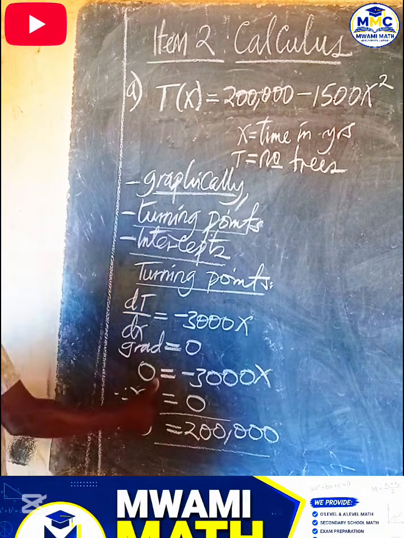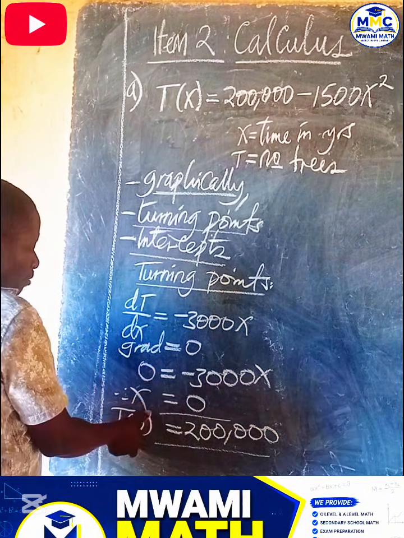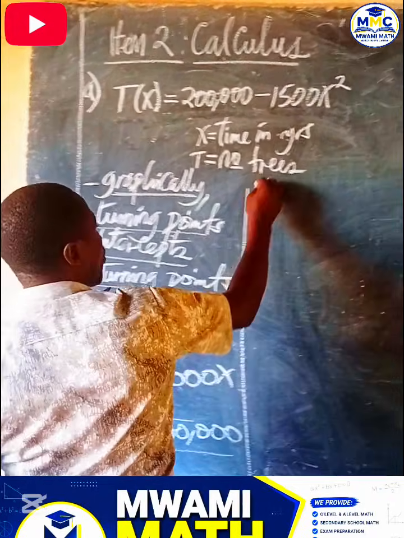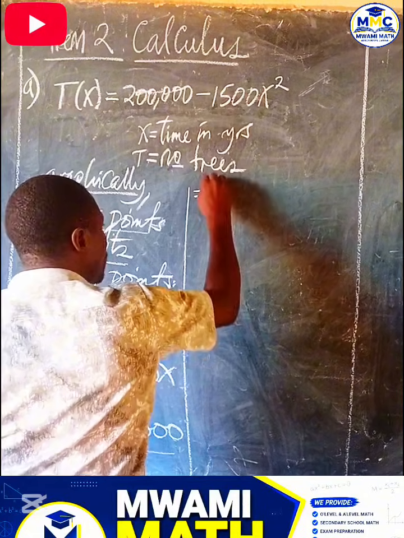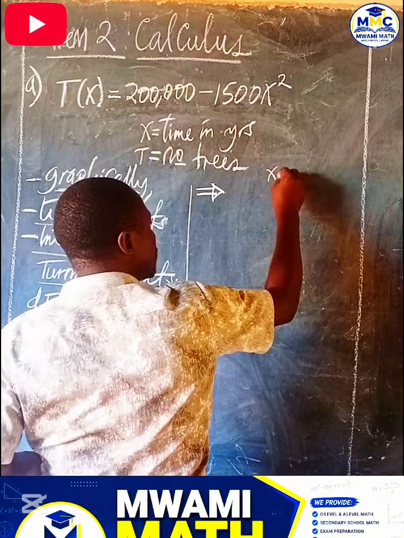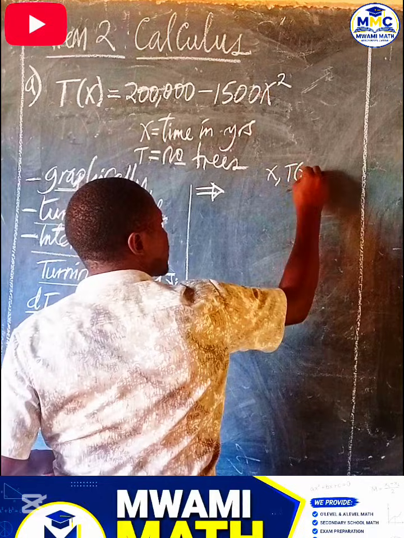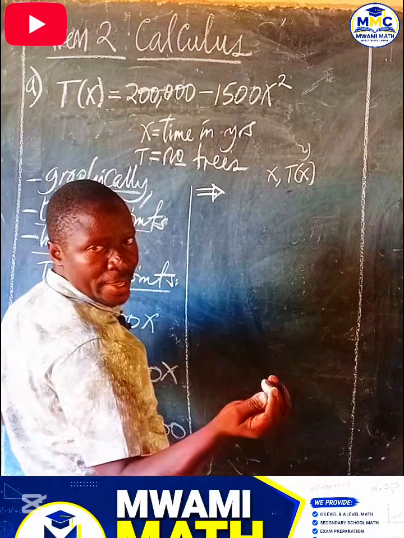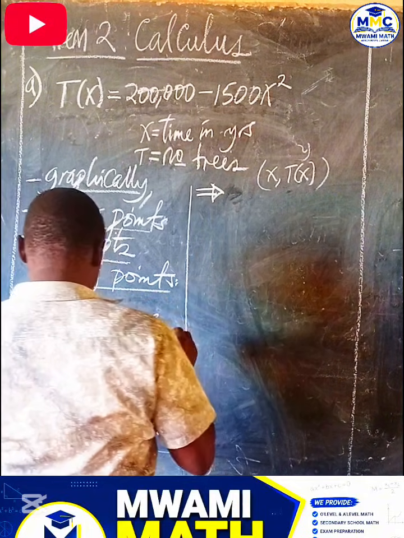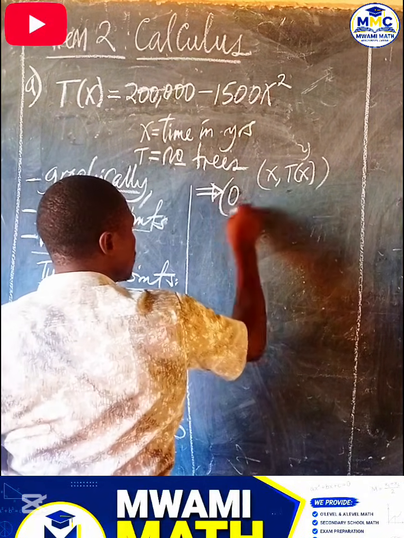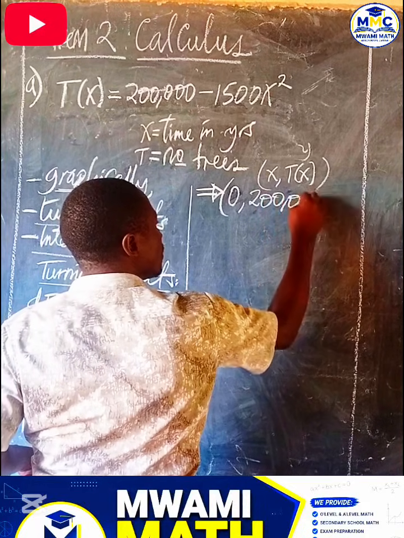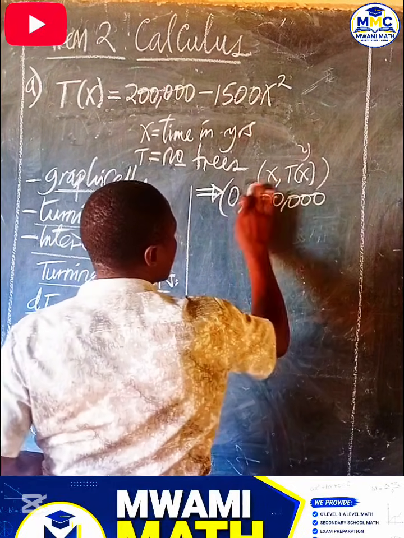So since we have got the x and the y values, we conclude here and say the coordinates, therefore, will be, remember we start with our x value, then followed by our t(x). Our t(x) is like y. So we shall say our coordinate is therefore (0, 200,000).